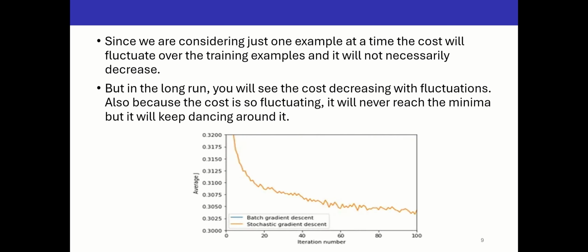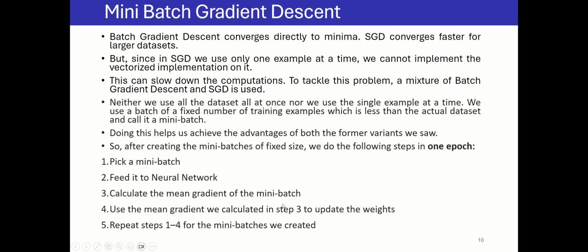But because of that we get a jittery curve, because one example can be anyone, so it will fluctuate. In the long run the cost will anyhow decrease, but it may skip a local minimum. Here, maybe because of taking the wrong example, the minimum may be somewhere hidden.